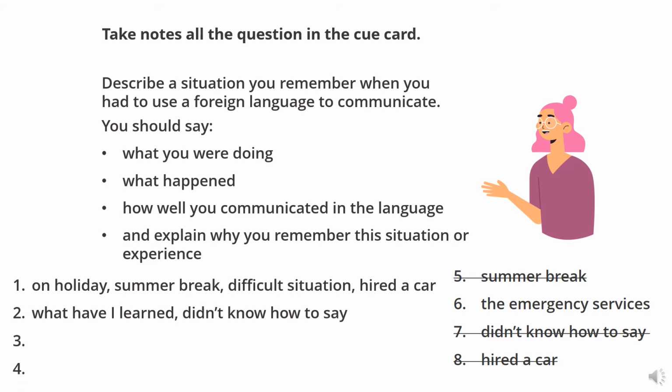The first category, answering question number one, what were you doing? I was on holiday in my summer break, and I had a difficult situation when I wanted to hire a car, right? How well you want to communicate in the language. Well, I forgot about what I learned, and I didn't know what to say in English or in Japanese or in Korean at that time.